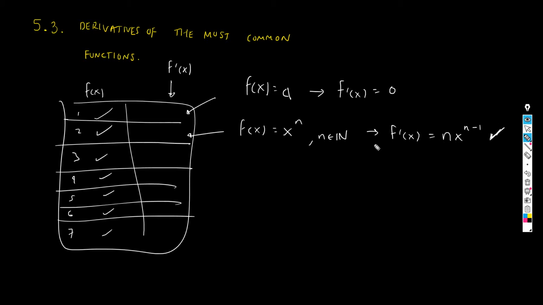I took you from scratch to this result. Whether you forgot about it or actually remember it doesn't make any difference. I showed you how it's done, and I showed you how by applying the definition of the derivative we can get to this formula, which makes our lives very simple in regards to calculating derivatives.